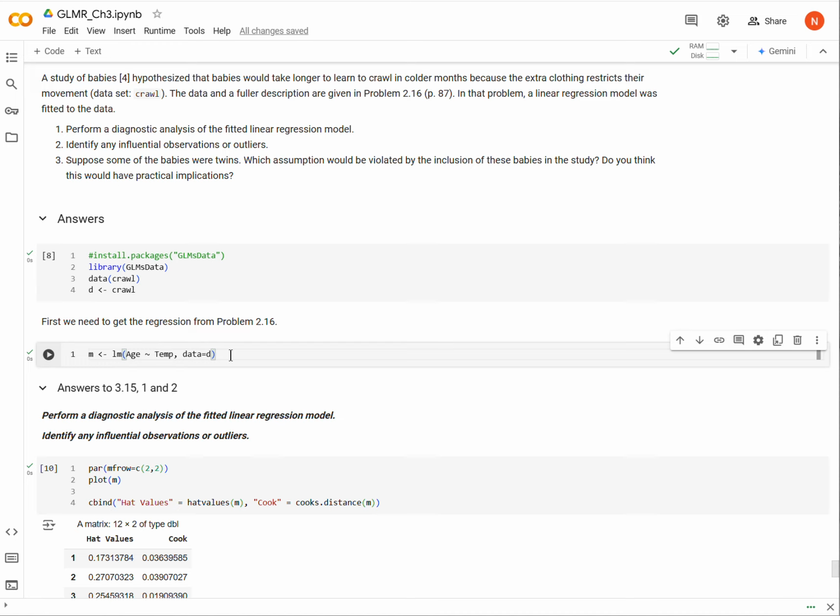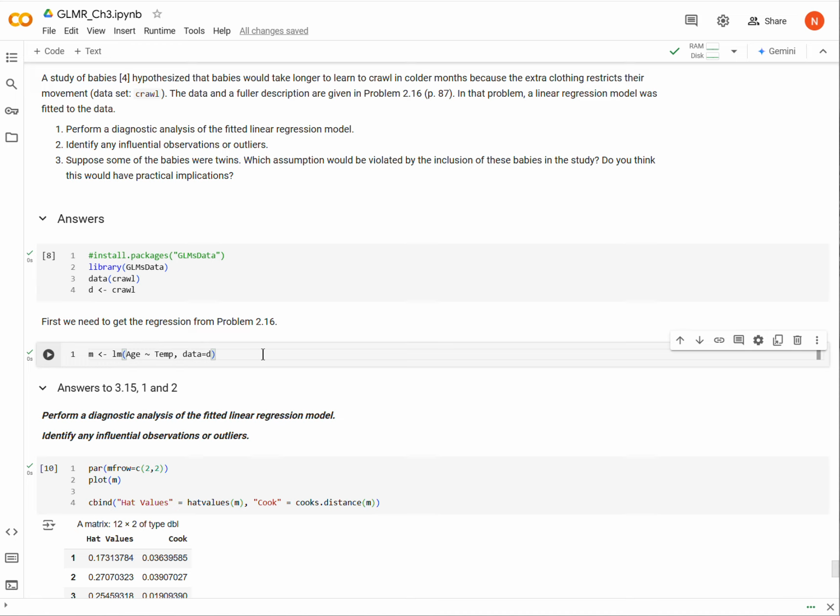So if we have twins in there, those babies are not independent anymore, right? They share the same genetics and probably the same, or very close to the same, environment. So those observations are not independent. That's what's being violated here.